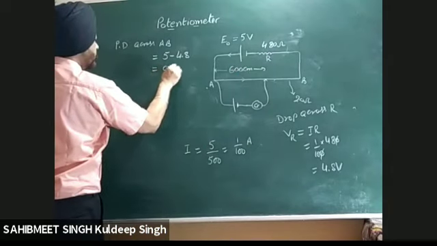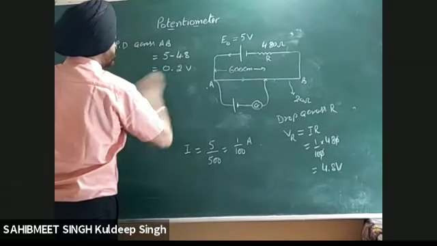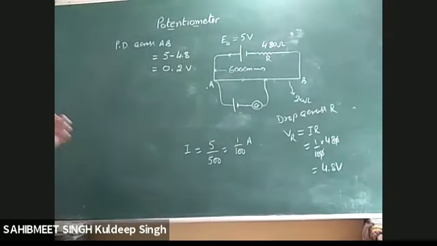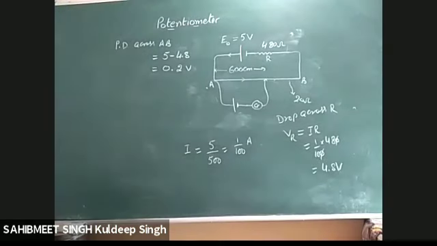This is equal to 0.2 volt. So the wire gets only 0.2 volt. Very interesting. The rest of the potential is consumed by the resistance.